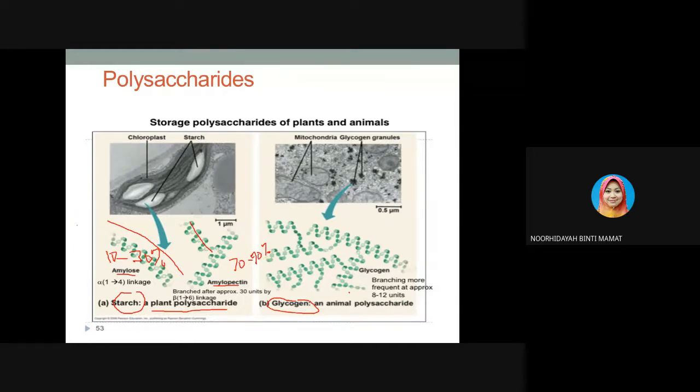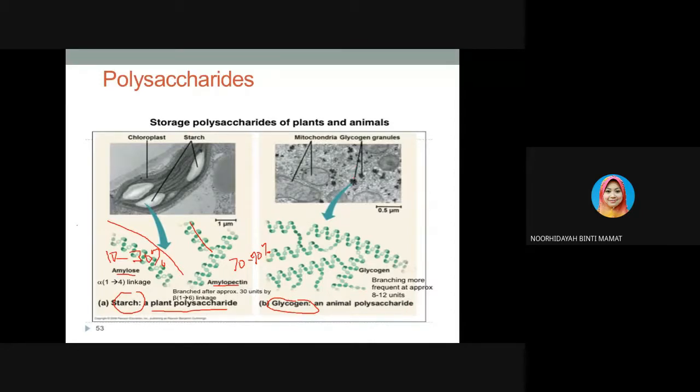Glycogen is the energy reserve carbohydrate of animals and also humans. Practically all mammalian cells contain some stored carbohydrates in the form of glycogen.